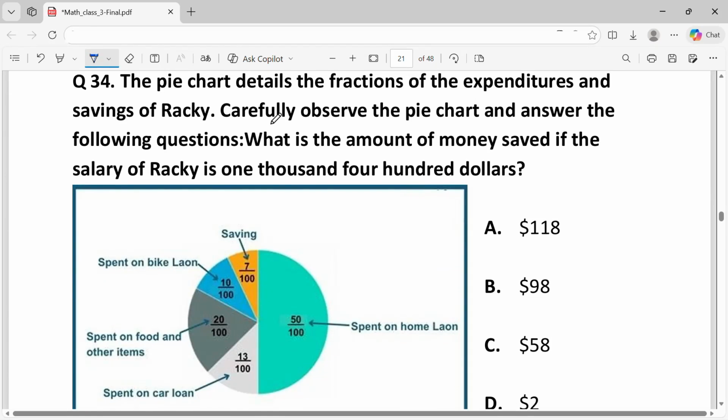Question 34. The pie chart details the fraction of expenditures and savings of Raki. Carefully observe the pie chart and answer the following question. What is the amount of money saved if the salary of Raki is $1,400? Salary of Raki is $1,400.